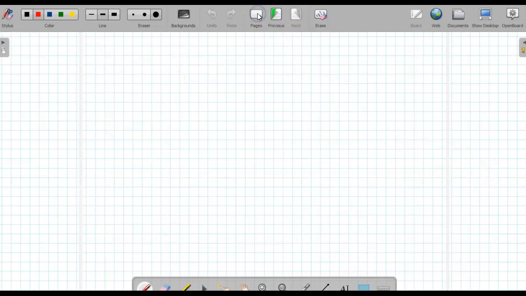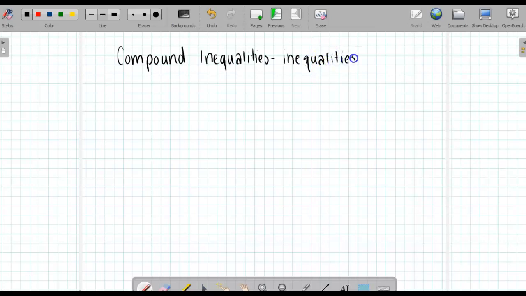Let's now look at compound inequalities. So compound inequalities are inequalities joined by the words and, or.